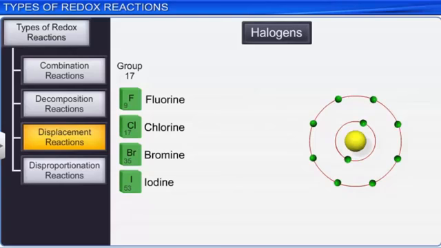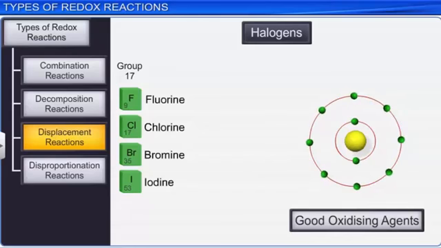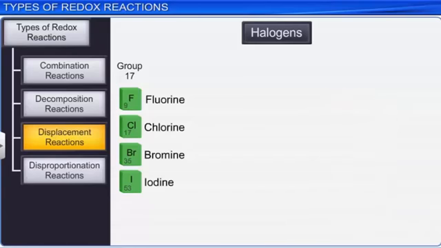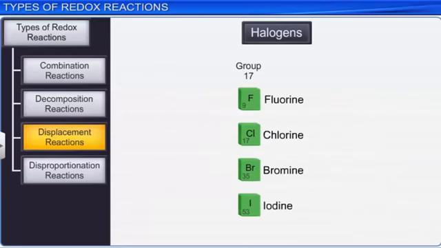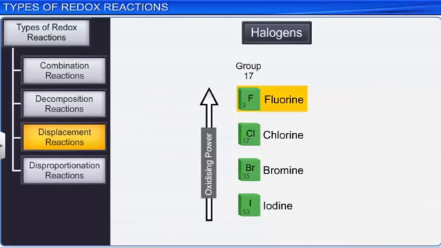This tendency causes them to be reduced. Hence, they are good oxidizing agents. The oxidizing power of these halogens reduces as we move down group 17, with fluorine being the highest and iodine being the lowest.